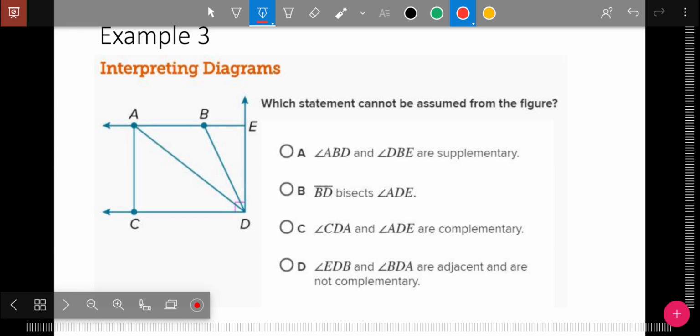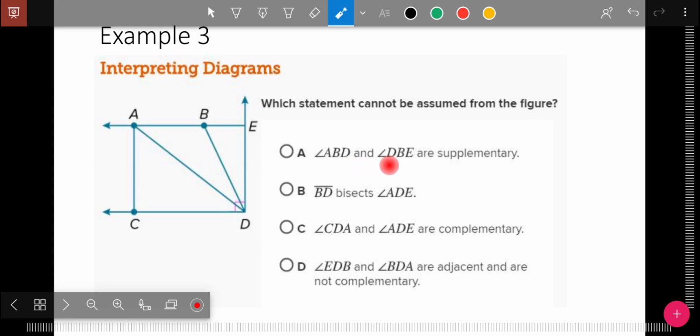And the last kind of problem we're going to have is state whether this can be true, can be assumed from the figure. And so let's kind of break down some of these. Can be assumed means you know it's true. And so let's look at the first one. Angle ABD and angle DBE are supplementary. Can I know that for sure from this picture? Well, what does supplementary mean?